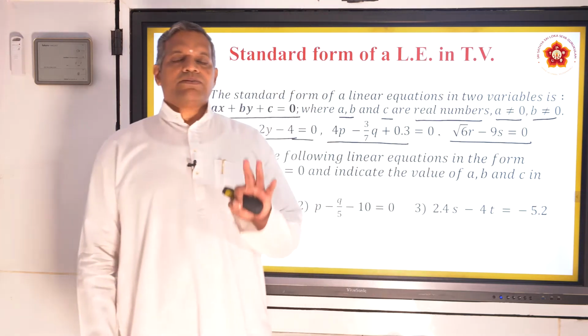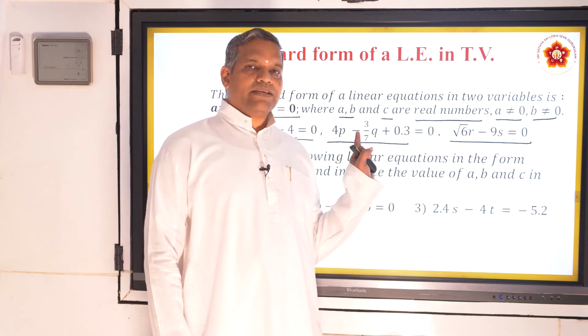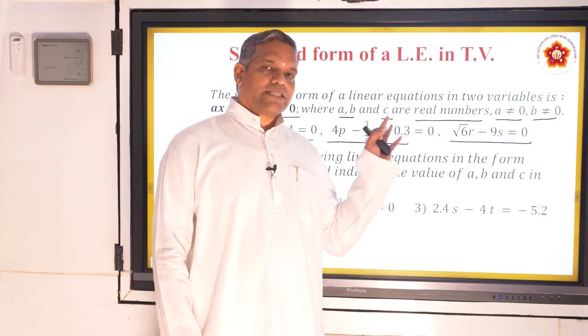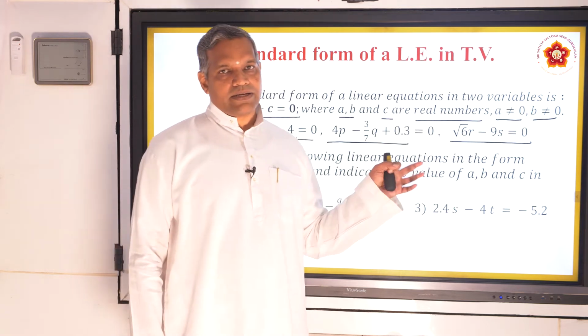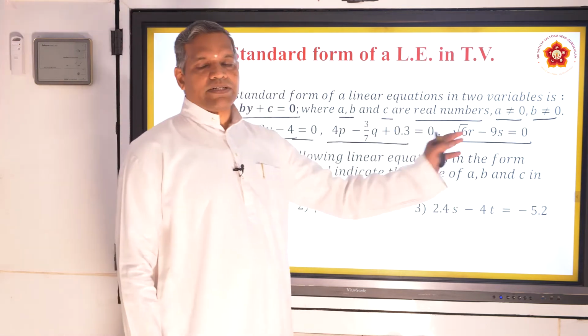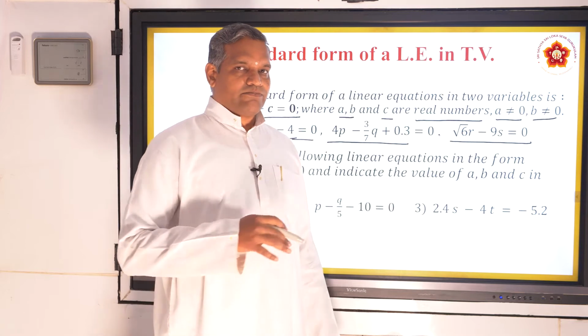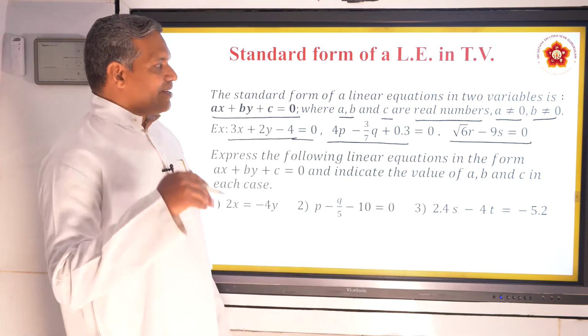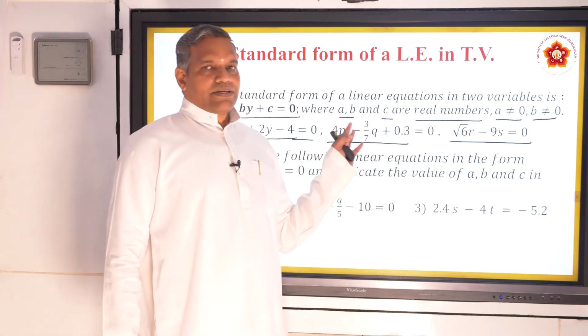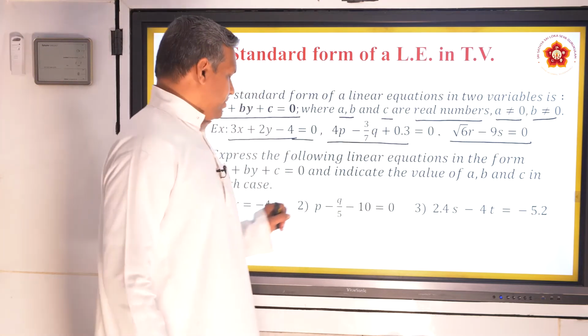That means you don't have any limitation in taking any number. You can take any real number for a, b, c, which are constants. So I covered most of the possibilities. Imaginary numbers I did not take. These are the things you come across in the 9th standard.